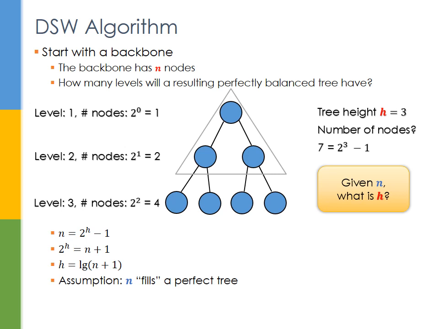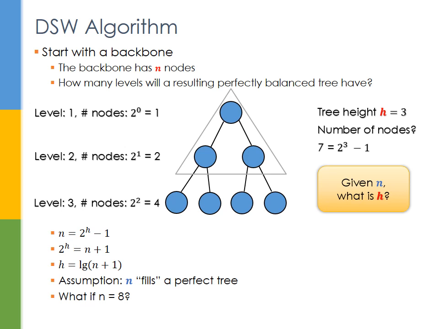So this is now the equation that will give us the height of a perfectly filled tree given n nodes. Now, of course, this assumes that the n value that we have actually fills a perfect tree. So in other words, we have sufficient nodes within our backbone to create a perfect tree that is perfectly full, as you can see in the example over here.